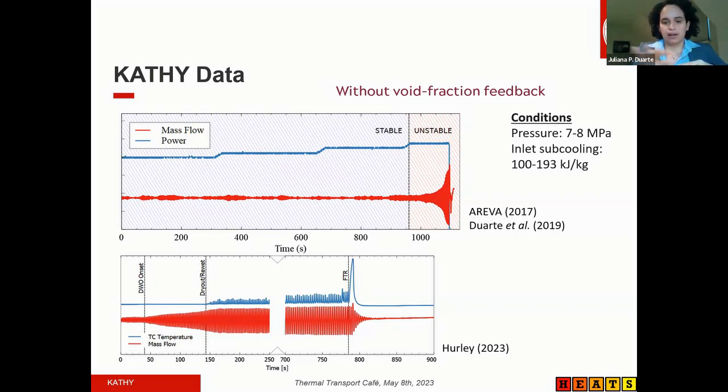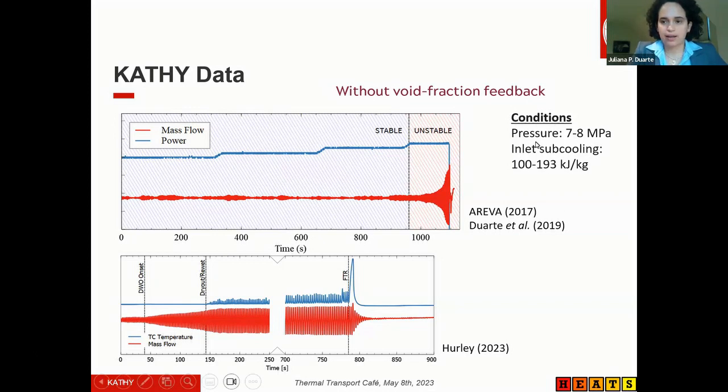If this continues to happen, at some point we're going to observe the fail to rewet, or FTR, which is the point where, even with the mass flow rate increasing, the rod surface is not rewetted anymore. At this point, the experiment was terminated by decreasing the power and recording the data.